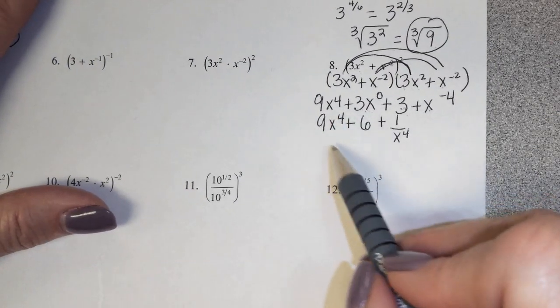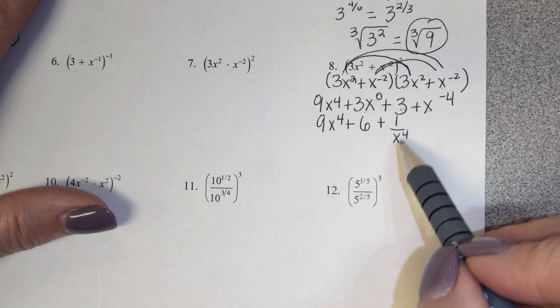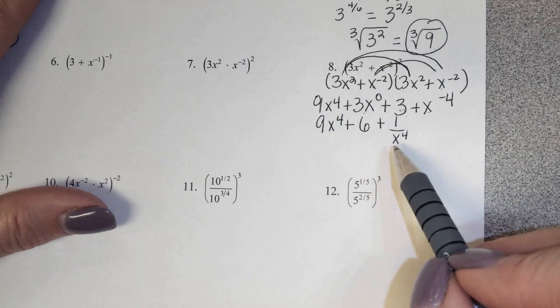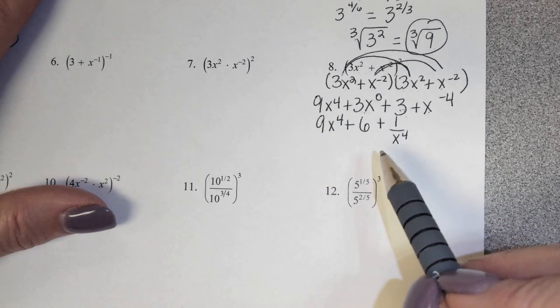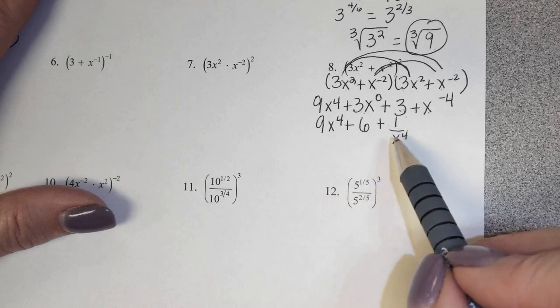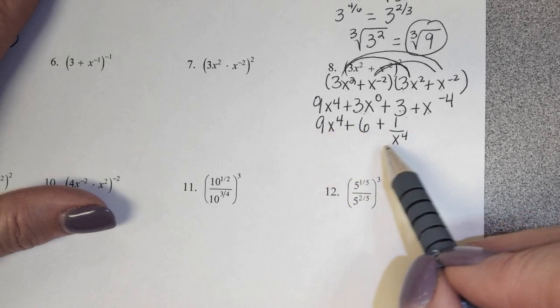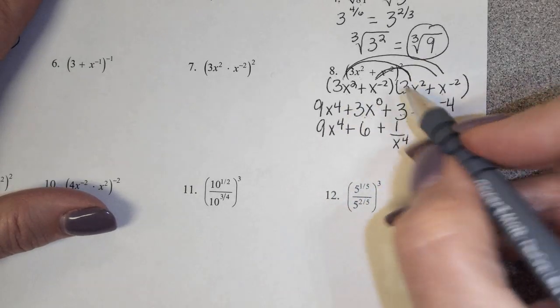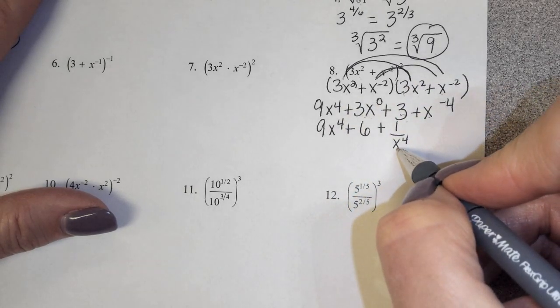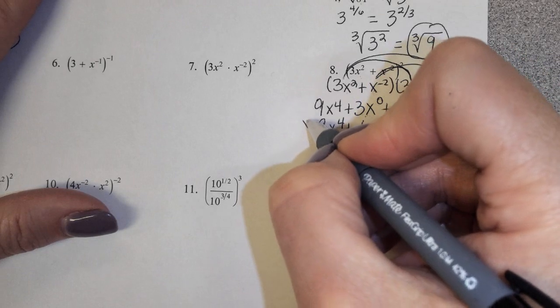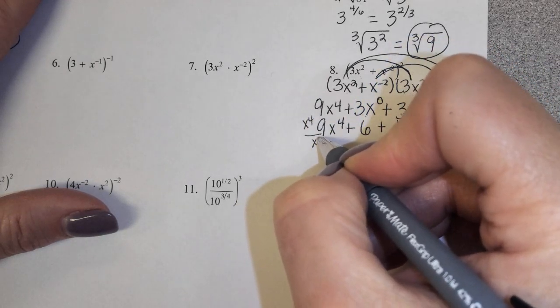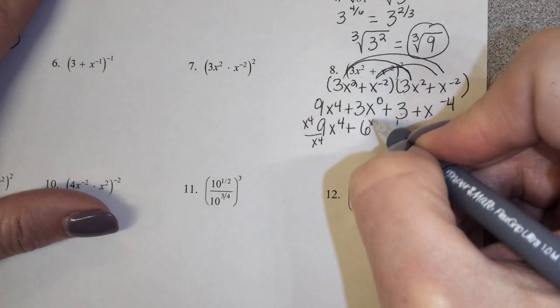Now, a lot of times when we're working problems like this, this is not a solution you see if you're taking, say, the ACT, or even if you're doing math facts. You don't see this as one of the options, because they would get a common denominator. This has a denominator of x to the fourth. So we're going to get a denominator of x to the fourth here and here.